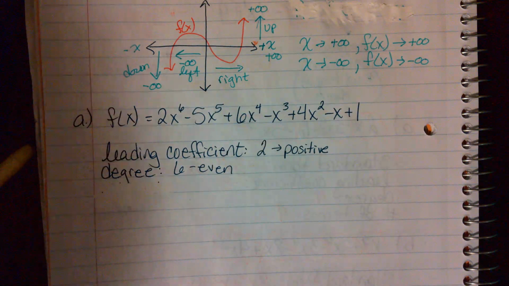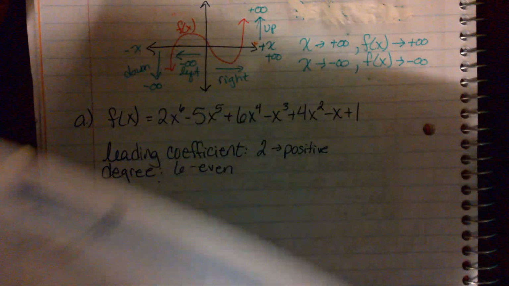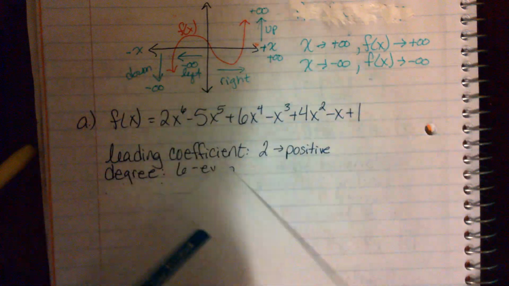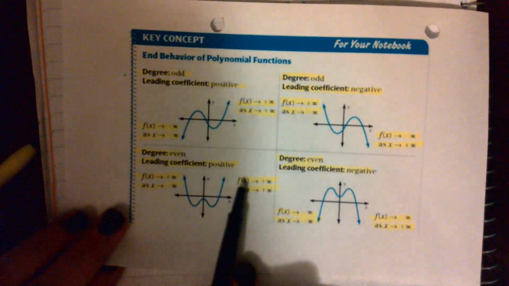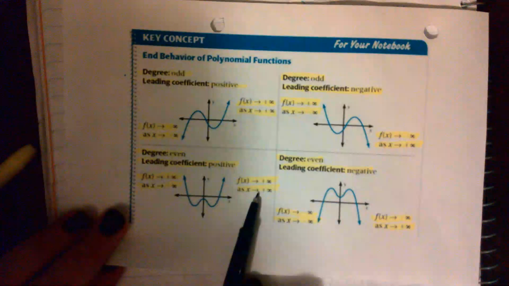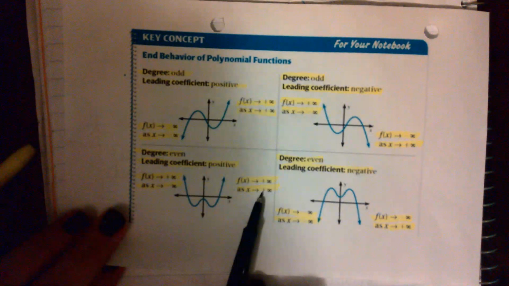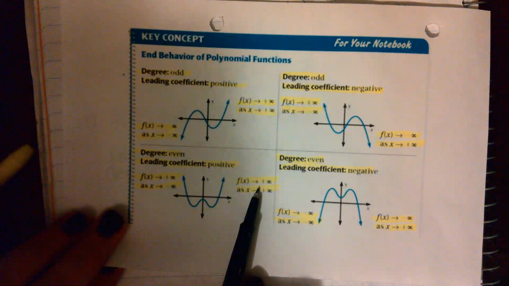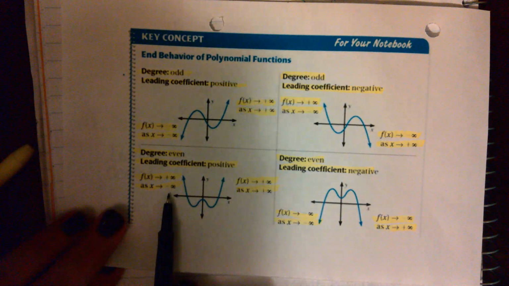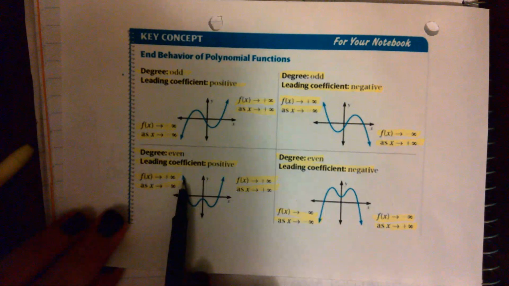So if I look over here at my little cheat sheet, positive leading coefficient and an even degree. So even degree positive means that as I travel right on my x values to positive infinity, then my graph will be going up towards positive infinity, and as I travel left, my end behavior is going up as well. So that is what I'm going to write down as my answer.